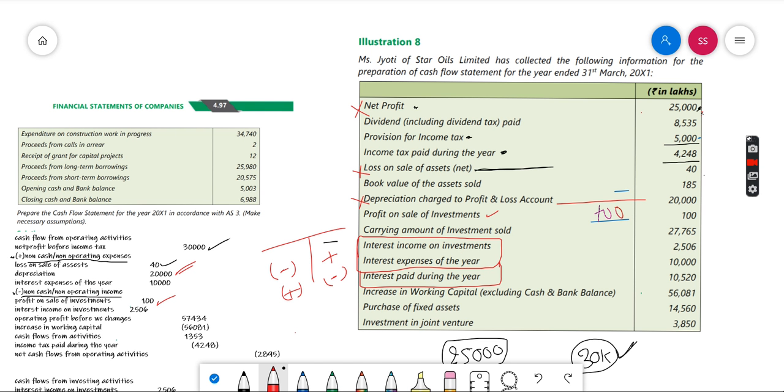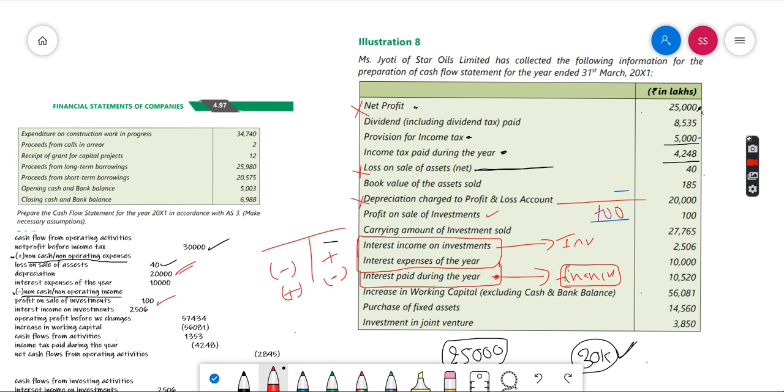Interest income on investments will come under investing activities, and interest paid will come under financing activities. We assume interest paid is for when we borrowed money from banks, then only we pay interest, right? So interest paid is a financing activity.